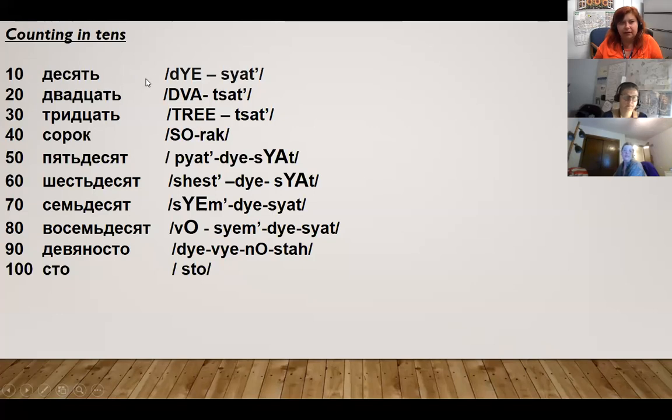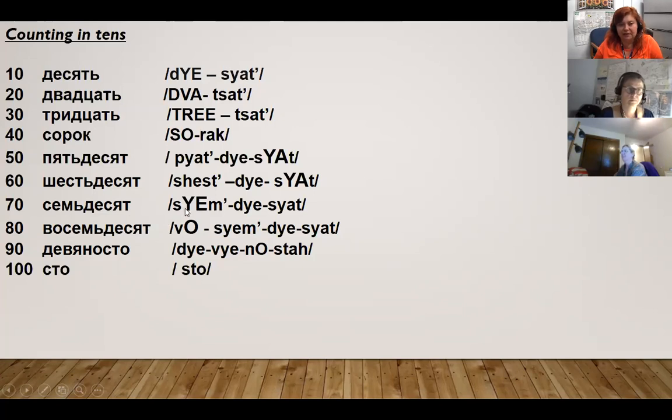So here is counting in tens. 10, 20, 30, 40. 50, so basically 5 tens. 60. 70.